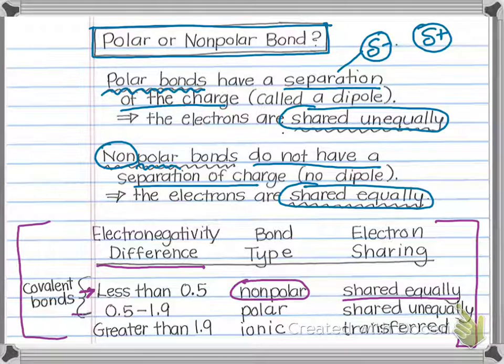If the difference is somewhere from 0.5 all the way to 1.9, we say that is polar. And what polar means is because they have different electronegativities, they're shared unequally.